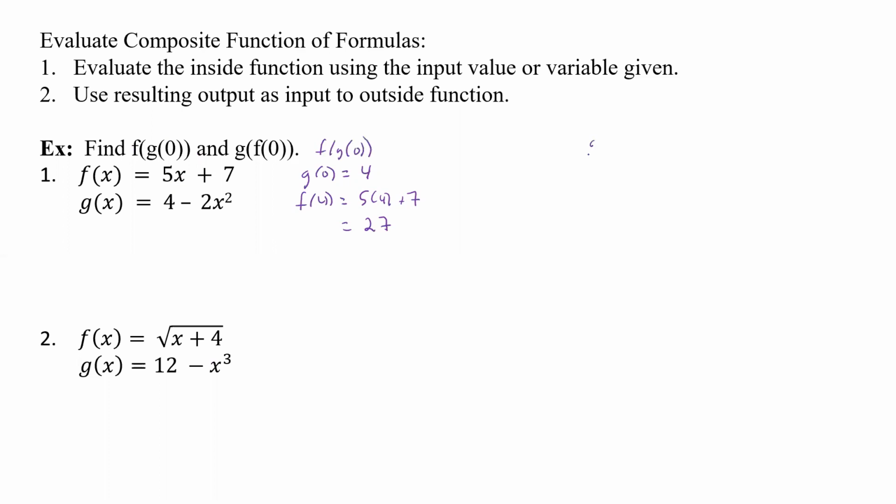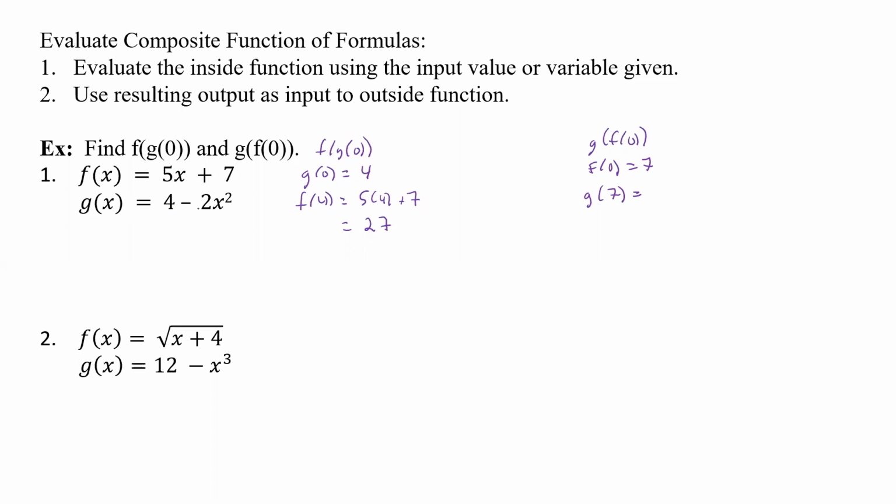Now, if we want to do g of f of 0, we know it shouldn't be the same. Let's see, if we plug in 0 for f, well, 0 times 5 is 0, plus 7. So f of 0 is equal to 7. Now we want g of 7, so we plug in 7 here.